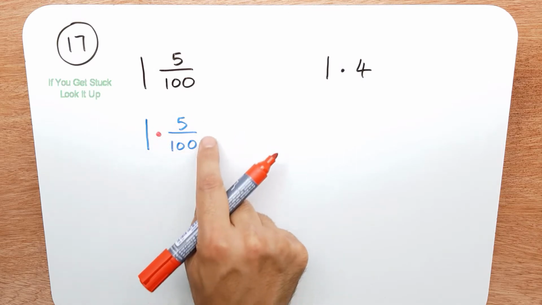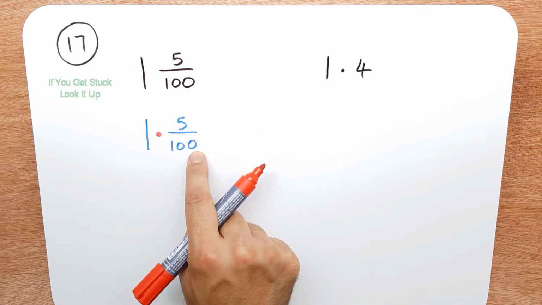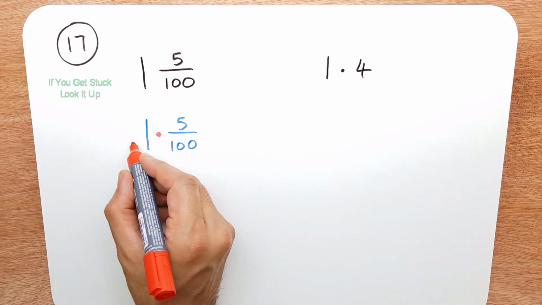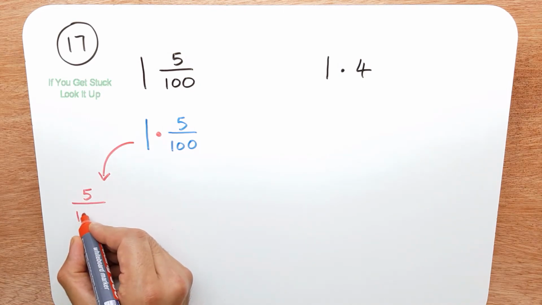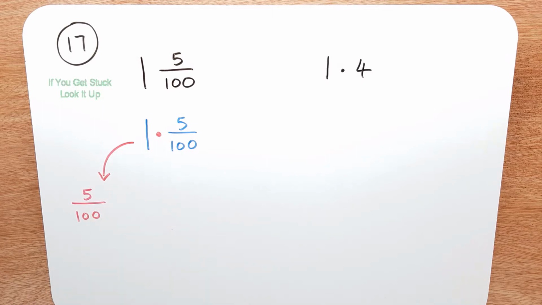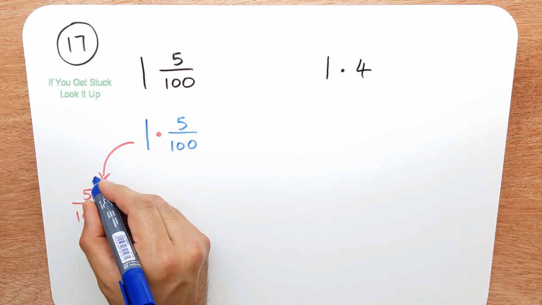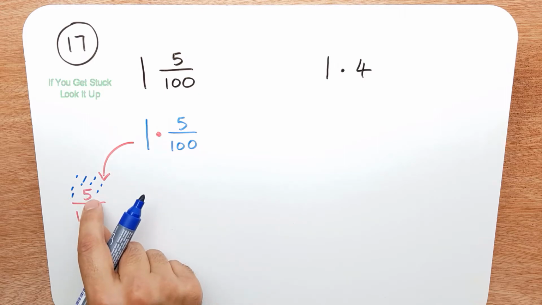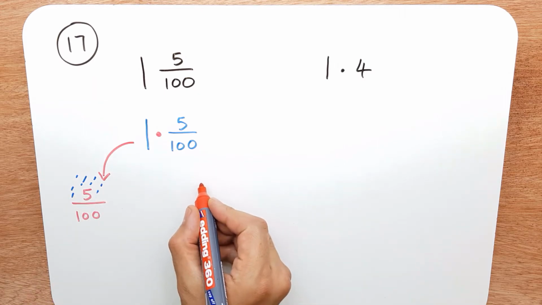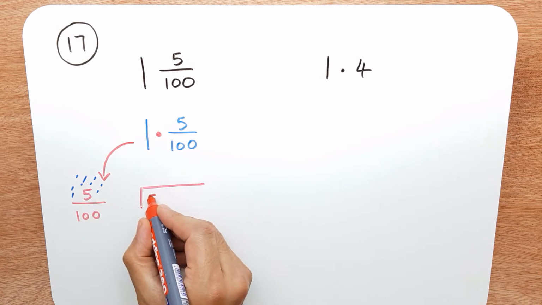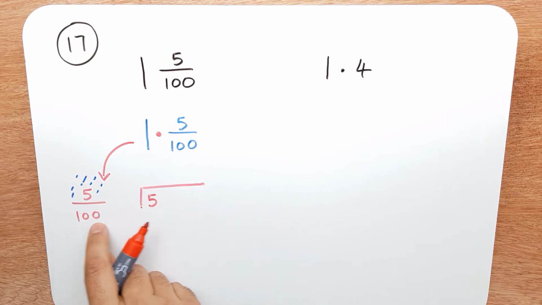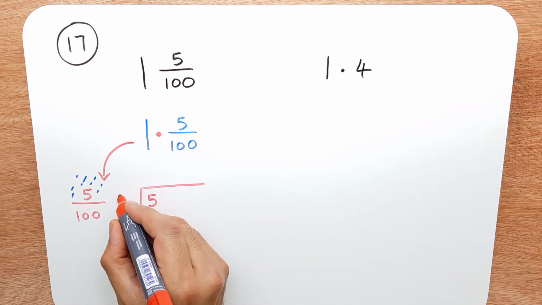Now the question is, what is this as a decimal? I can use the bus shelter, 5 over 100. It's raining and 5 is getting wet. Now I'm going to build a bus shelter, and this 5 has to go inside to stay dry. Now this 100 has to go outside.